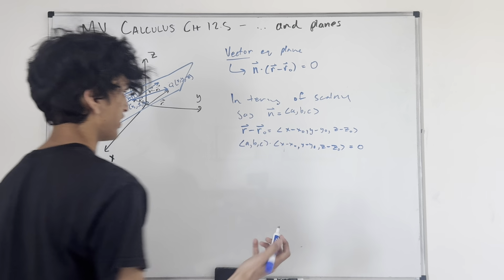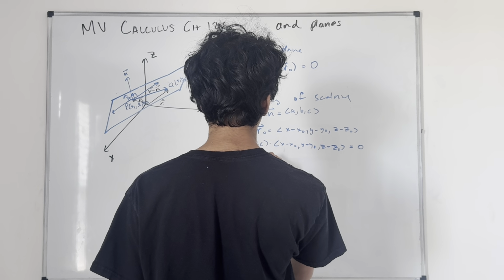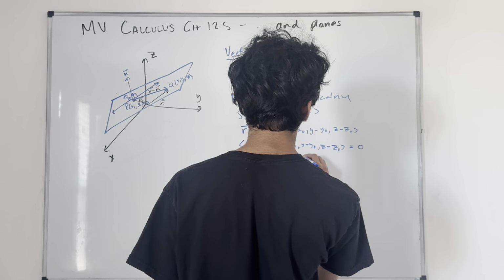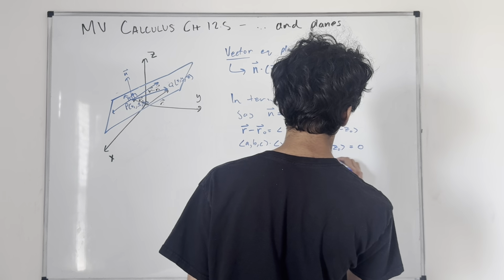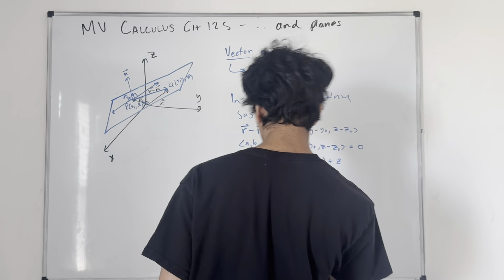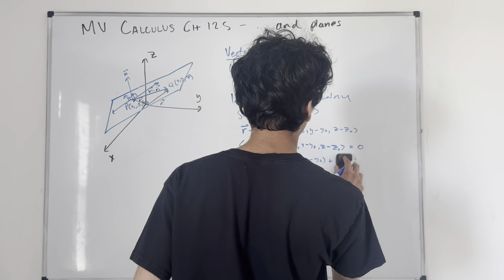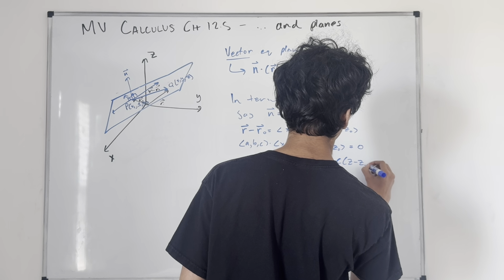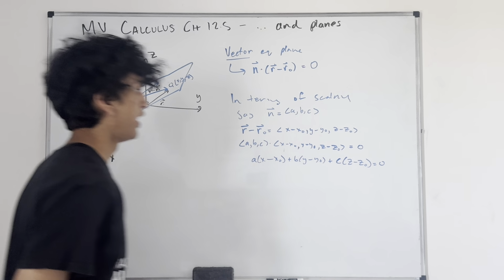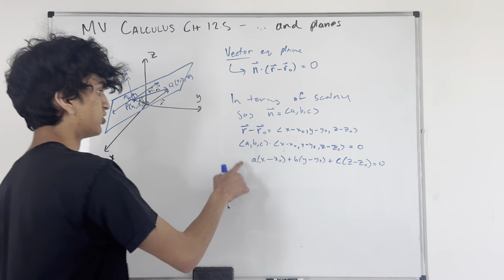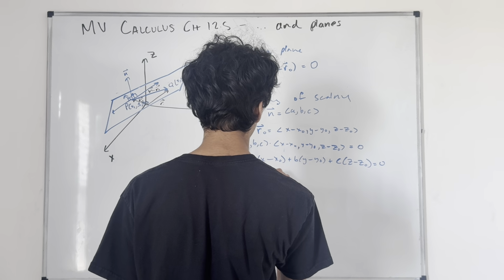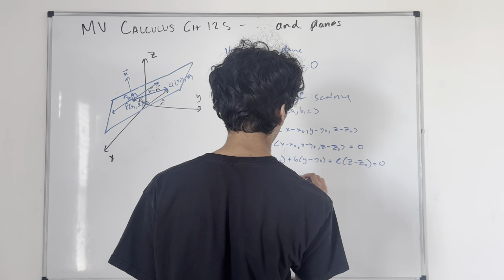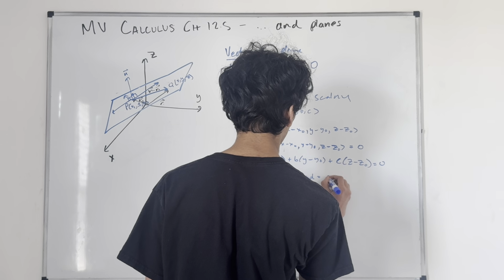When I do my dot product, I get a times (x minus x initial) plus b times (y minus y initial) plus c times (z minus z initial) equals 0. When I distribute, I get ax plus by plus cz plus d equals 0.